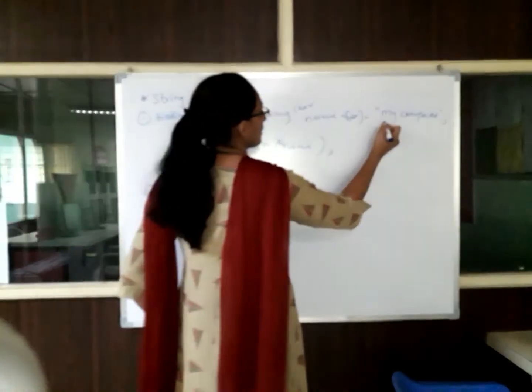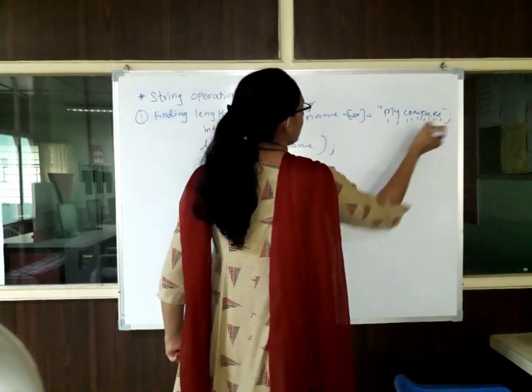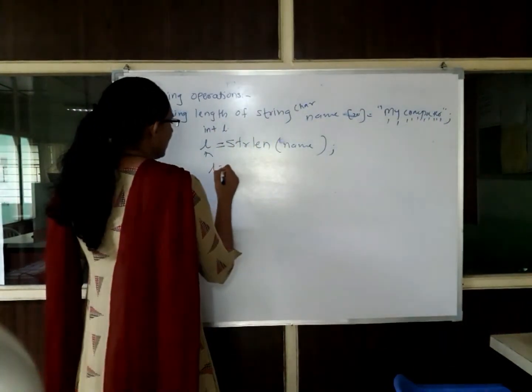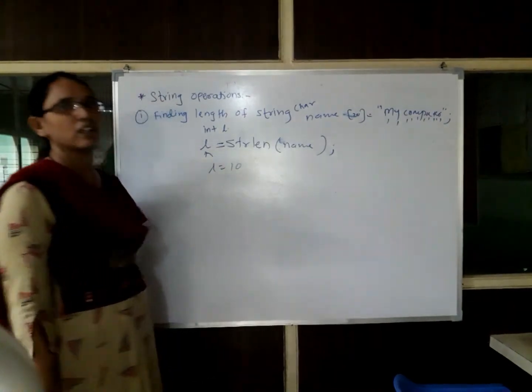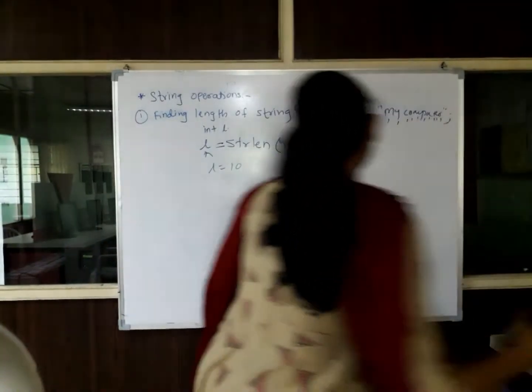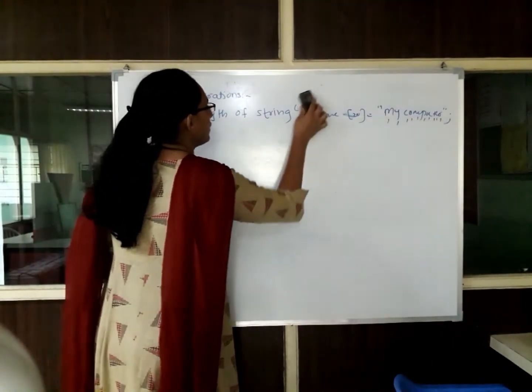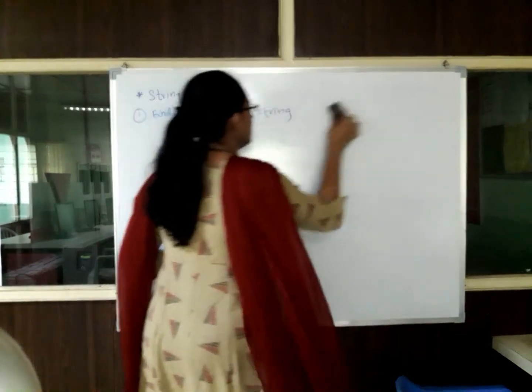The number of characters are 1, 2, 3, 4, 5, 6, 7, 8, 9, 10. It will return L is equal to 10. So it is very easy by using a library function. But here we have to see how to find out the length of a string without using a library function.